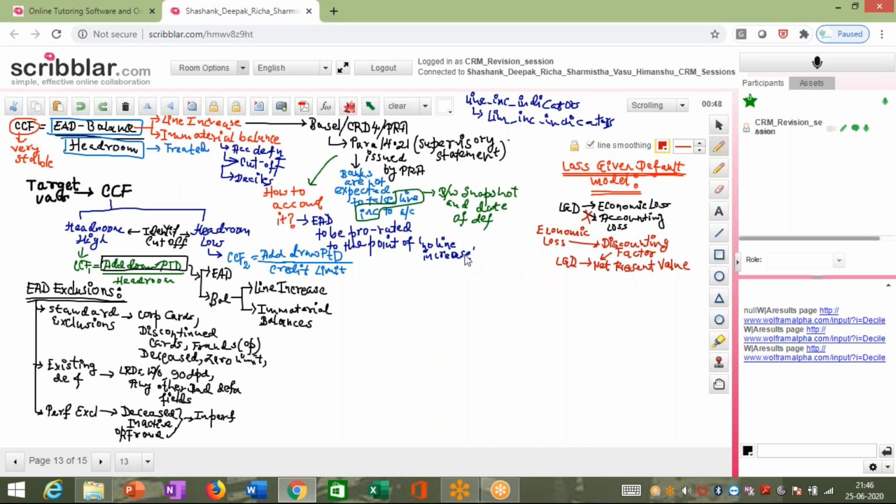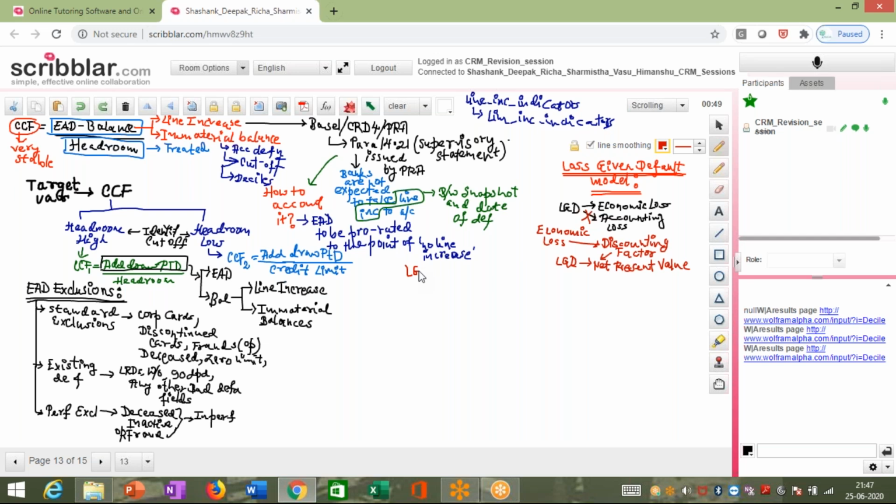So what are the components? The formula that we use for computing LGD also gives me the components of the LGD. What do you need to take into account when you are talking about LGD?